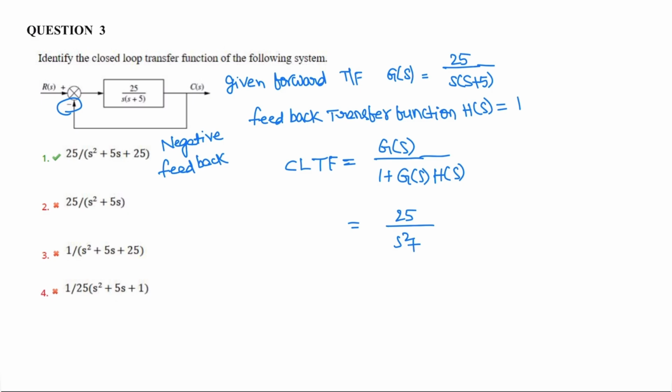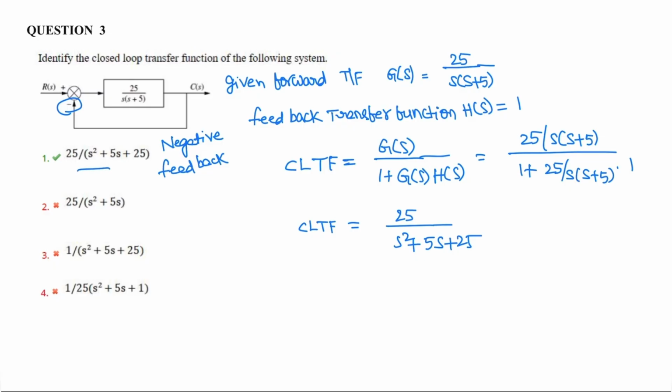Replace G of s with 25 by s into s plus 5. 1 plus G of s H of s is 1 plus 25 by s into s plus 5 into 1. So on calculation we will get closed loop transfer function is 25 by s square plus 5s plus 25. So correct option is 1. Next question.